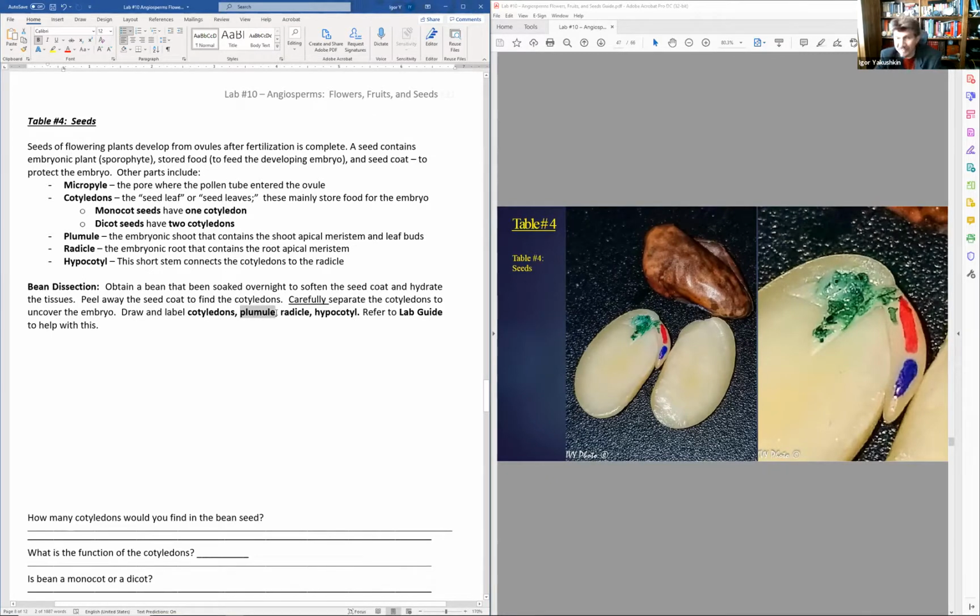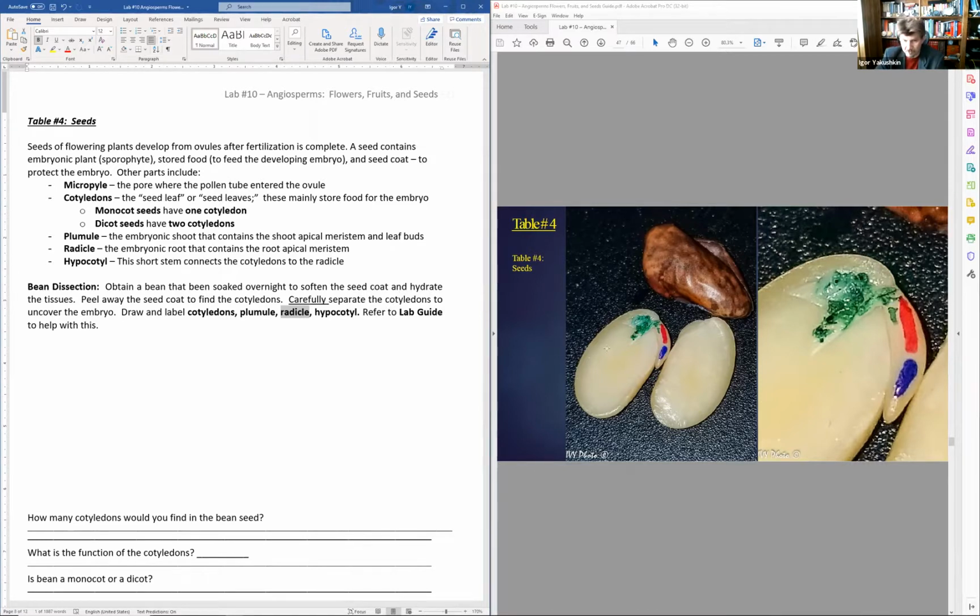It will turn into the actual leaves. Then the blue part, the end of it, is known as the radicle. The radicle will turn into a root. Then the red one is known as the hypocotyl, and the hypocotyl is the stem.